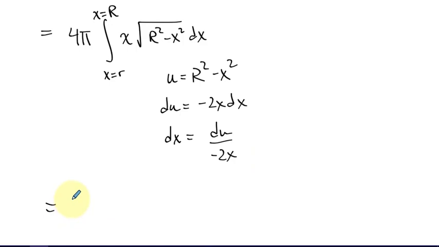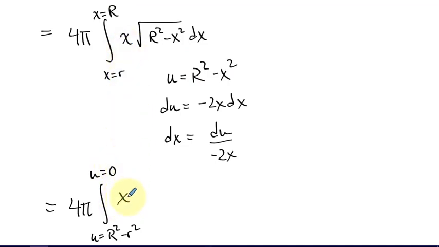So when you go back to substitute everything in terms of the new variable of integration, when x is little r, then u would be big R squared minus the value of x, which is little r squared. And then the upper bound of the integration, when x is big R, you've got big R squared minus big R squared, u is equal to 0.